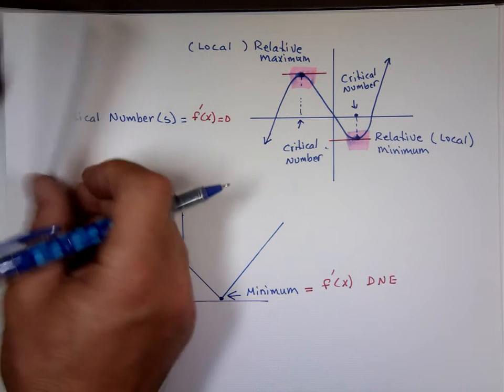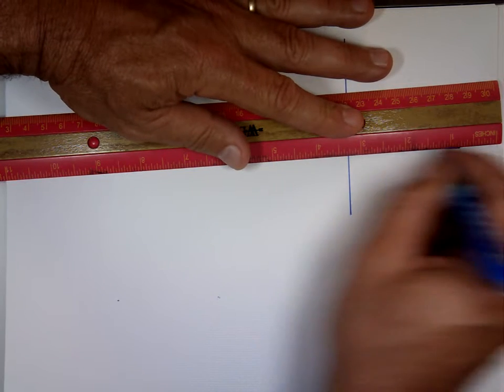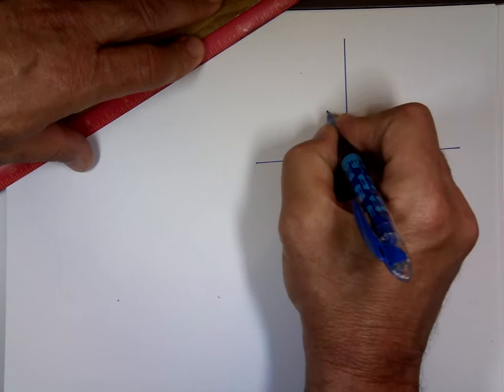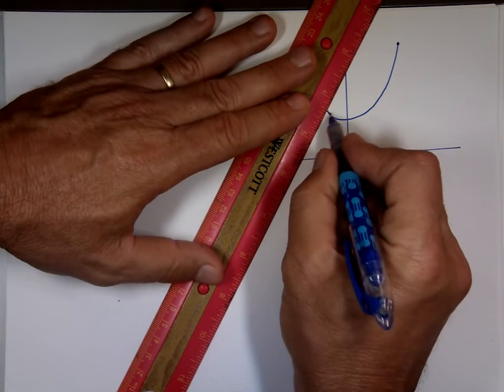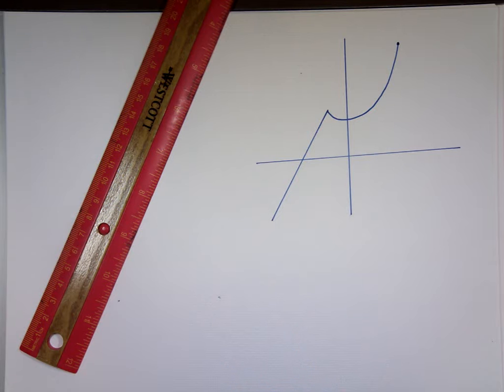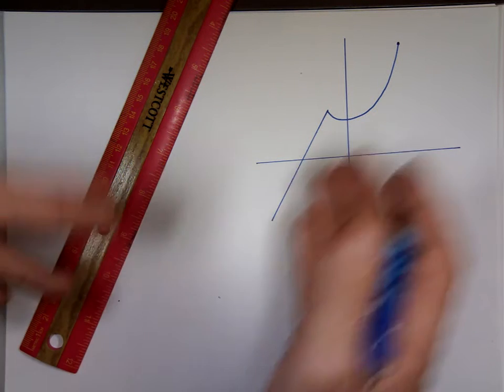might be a parabola, like this one. You might have a piecewise graph where one side looks like part of the parabola, and the other side is a straight line. You can have a problem like this.